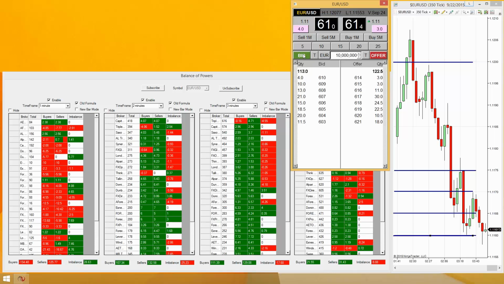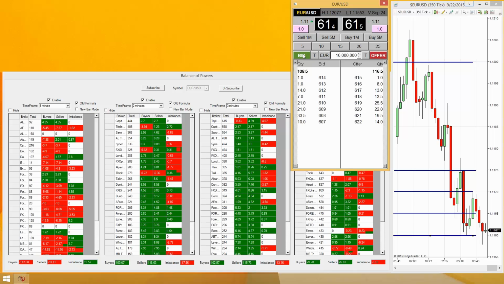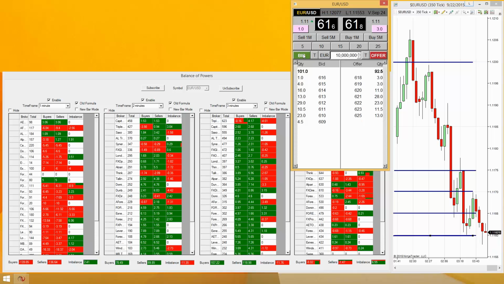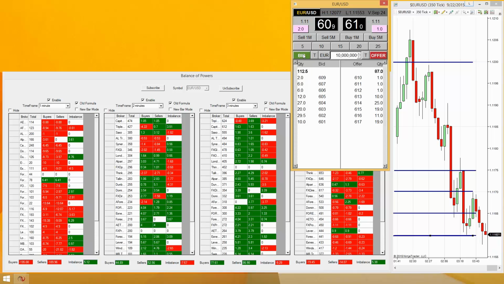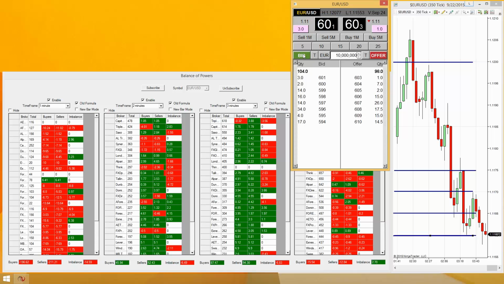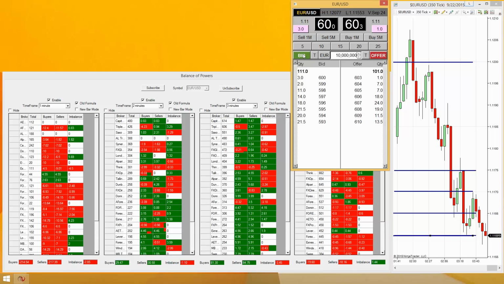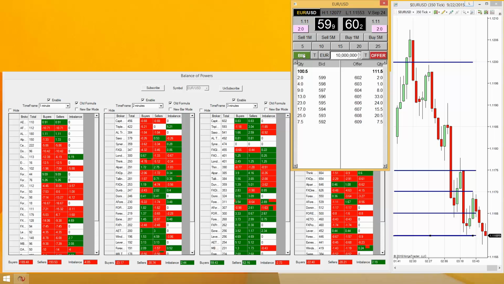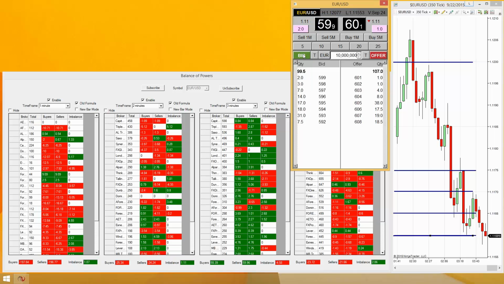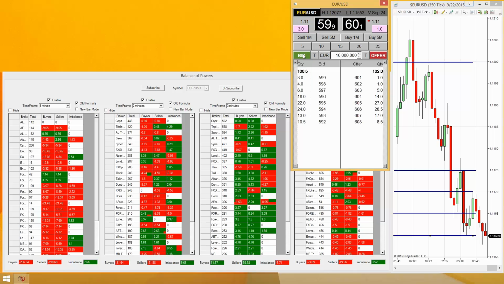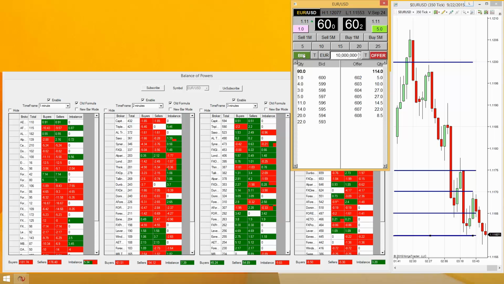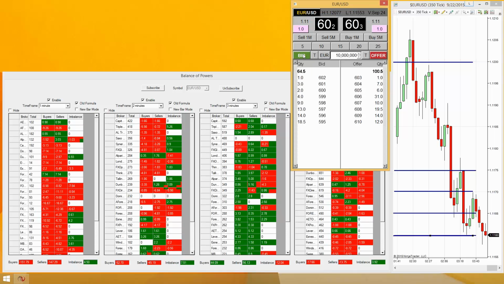For a long time I had 4 targets. It was fixed all the time: 10 pips, 20, 30 and 40 pips. I would never change them. But I learned from time to time that sometimes I should take profit at 9 pips instead of 10. Sometimes 7 or even 8, right?